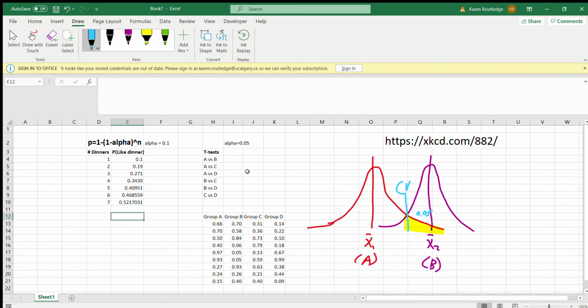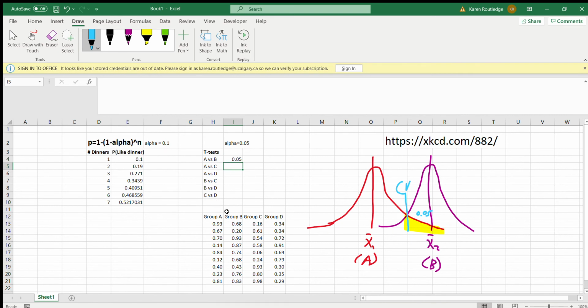That is our false positive rate. So for our first test, A versus B, in the same way that we just plugged in alpha over here, we can plug alpha in over here. Or perhaps it's better just to stick with the equation: 1 minus the alpha rate raised to the power of 1, because we've only done one hypothesis test so far, still gives us the alpha rate.